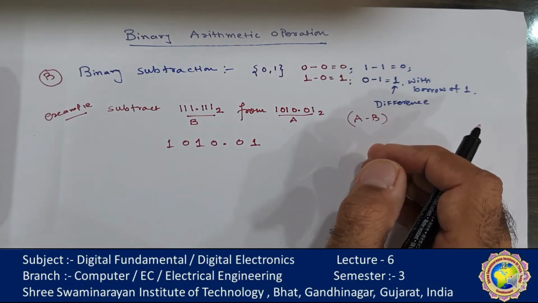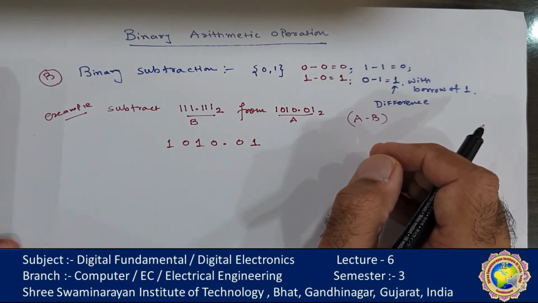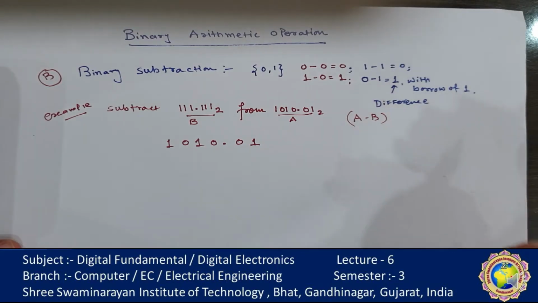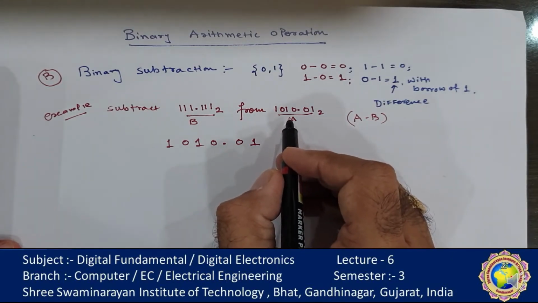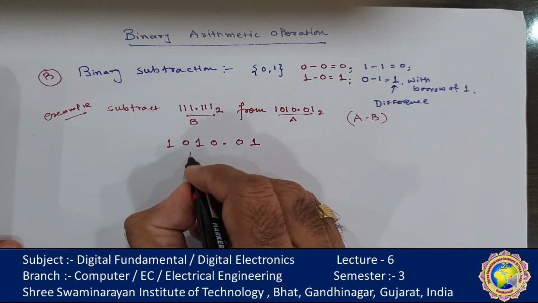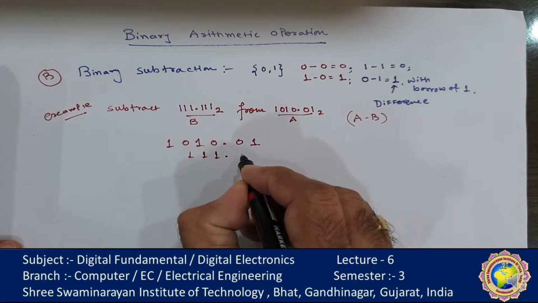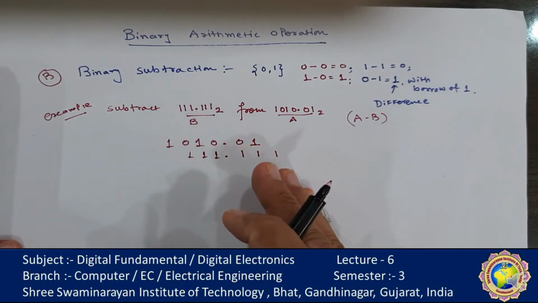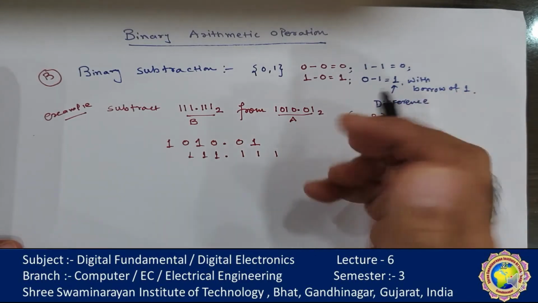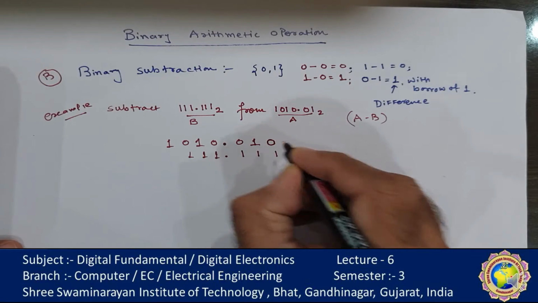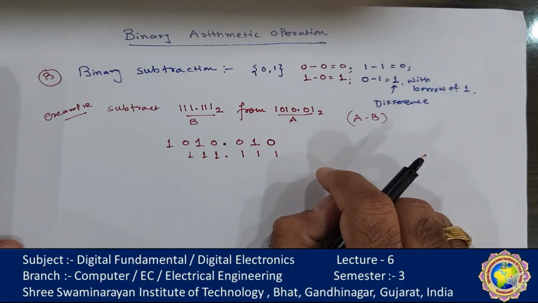Here we are just discussing positive signed or unsigned numbers. So we take one example where A is greater than B. Now B is 111.111. In any number, if we put 0 to the right hand side after the decimal point in the fraction, the value never changes.